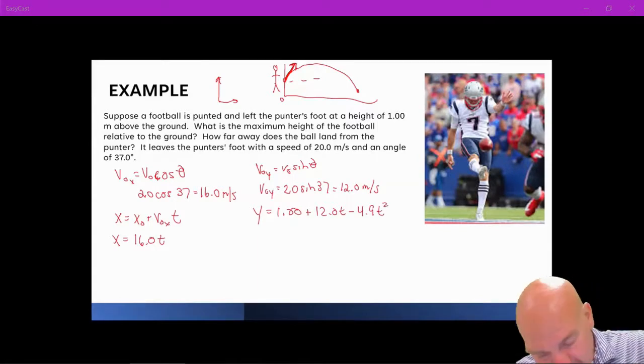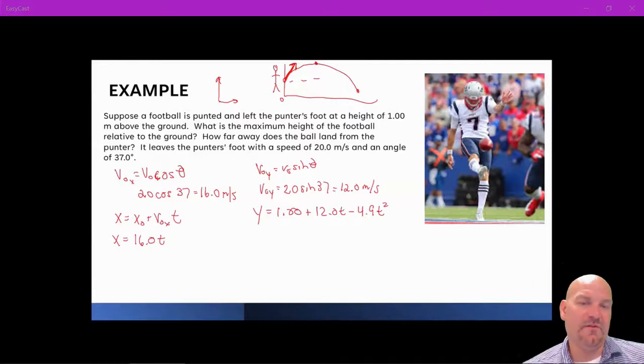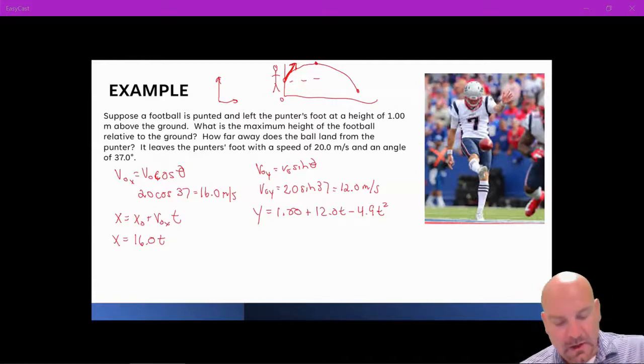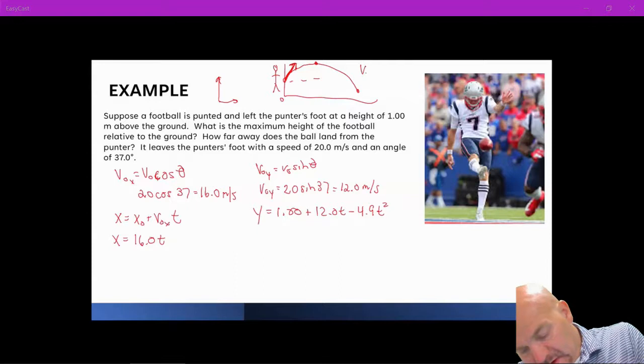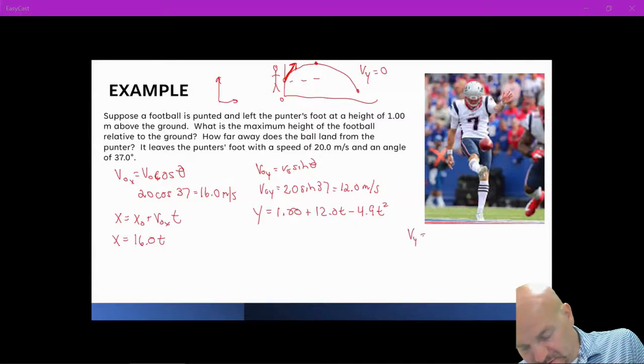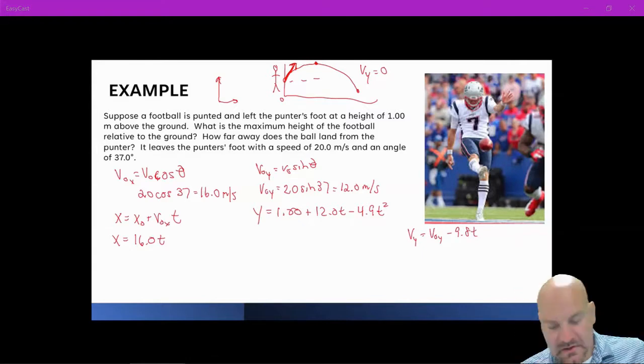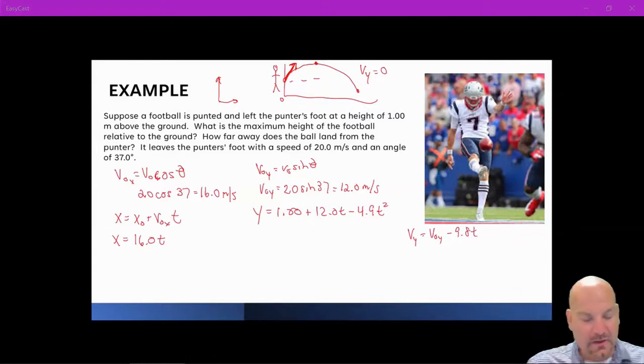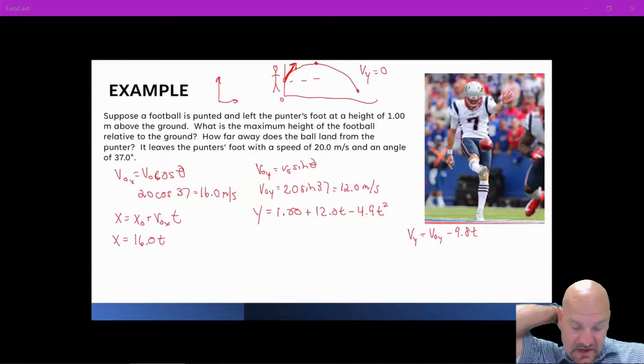Okay, so mathematically, the max height happens at the vertex. A couple things about that max height. The Vy is 0. So I can also use the equation Vy equals Voy minus 9.8 t to figure out how long it takes to get up there, which then I can plug back into the other equation.